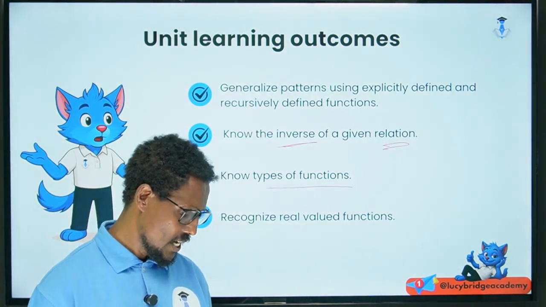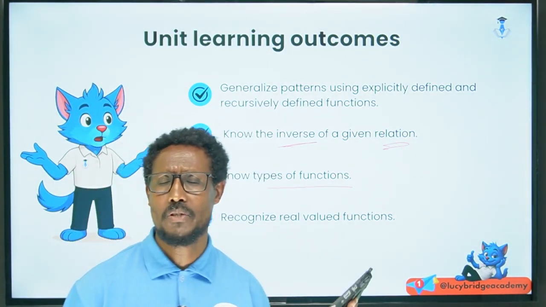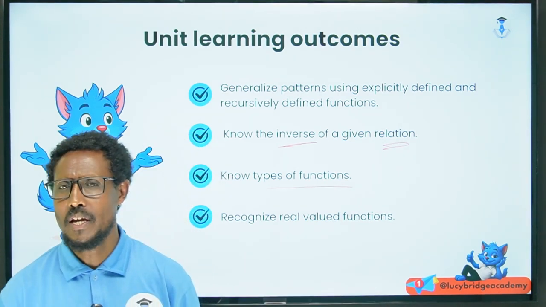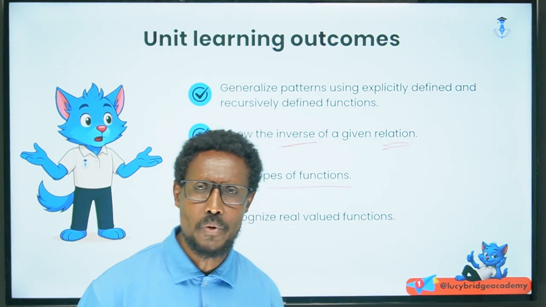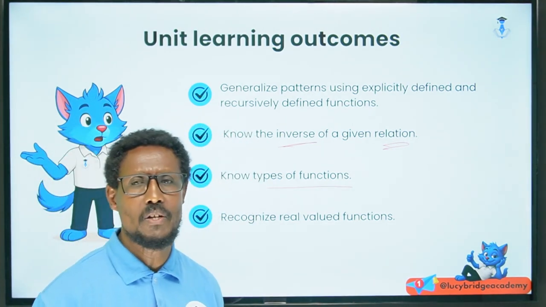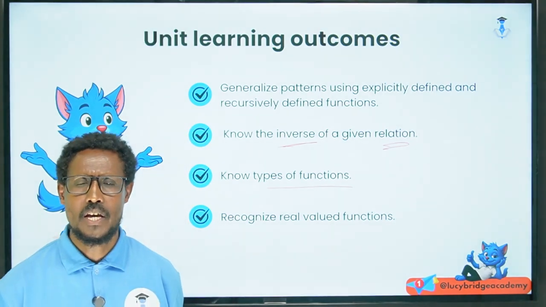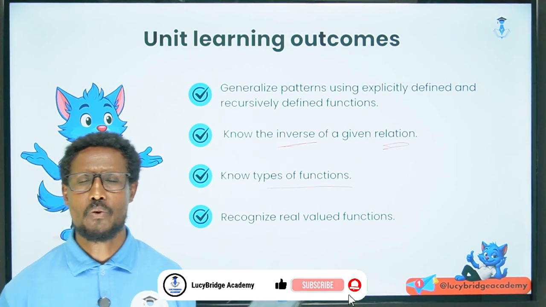We call them types of functions, and recognize these types of functions. Recognize real valued functions. Whenever we talk about a function we can find the real value. For a given x we can find the functional value, not only one x value. When an x value is given and we find the f of x value, we call it the functional value.